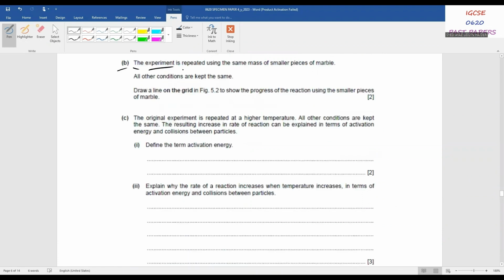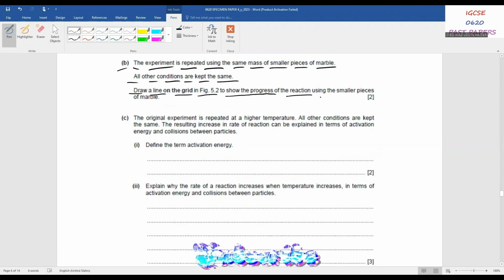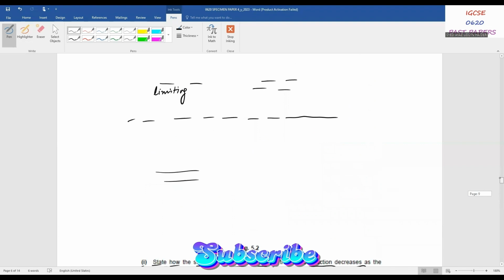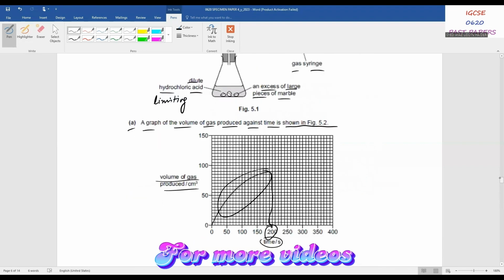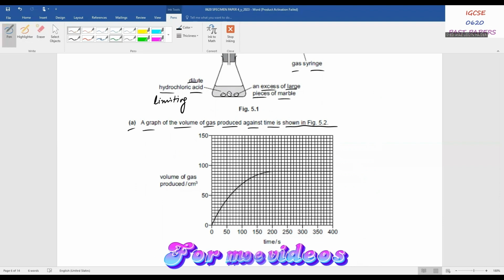The experiment is repeated using the same mass of smaller pieces of marble. All other conditions are kept the same. Draw a line on the grid in figure 5.2 to show the progress of the reaction using the smaller pieces of marble. Now they are just saying they have used smaller pieces of marble instead of large pieces. So what will happen to the graph? The reaction will be acting fast here.